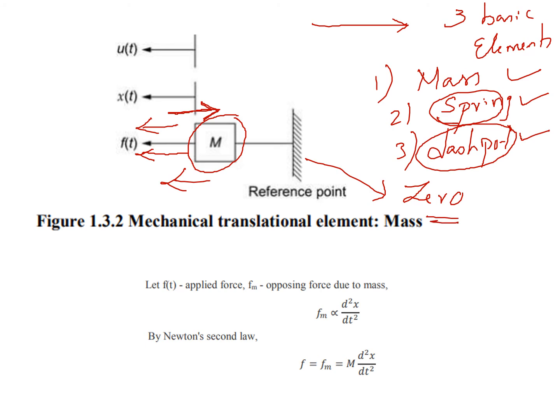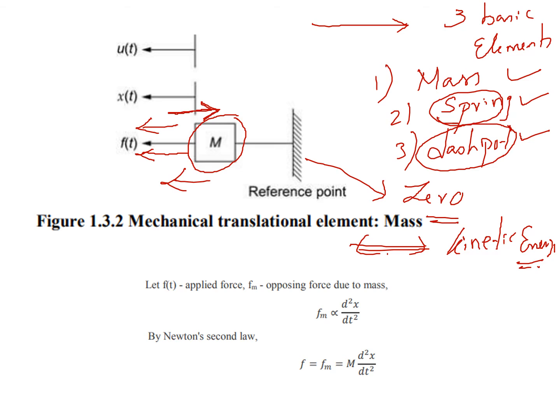Here we are discussing mass. Mass is the property of a body, which you must have studied in physics. It is a basic property of the body which stores kinetic energy.